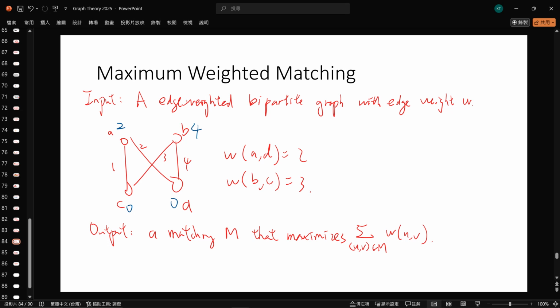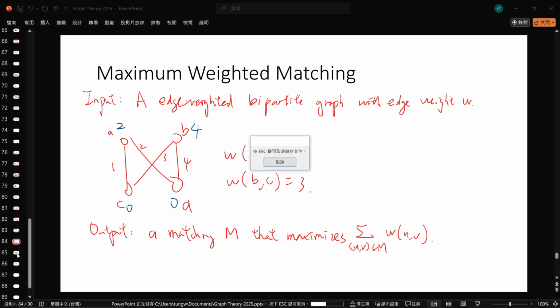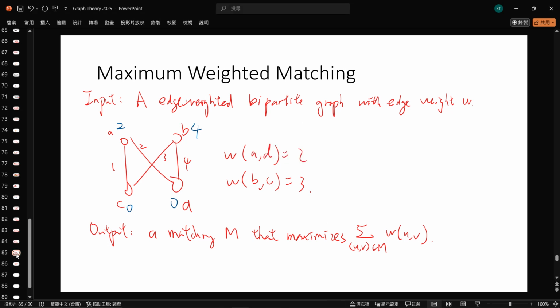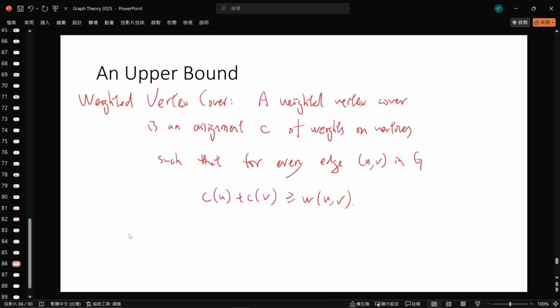In this weighted vertex cover, I assign a weight of 2 to A, 0 to C, 0 to D, and 4 to B. You can check all the possible edges, and you'll find out that the total weight of the two endpoints must be greater than or equal to the edge weight.